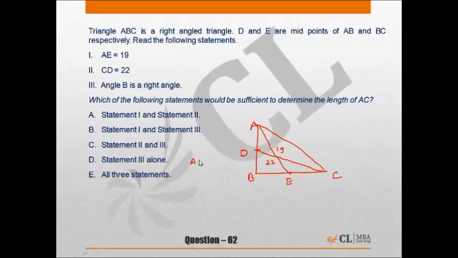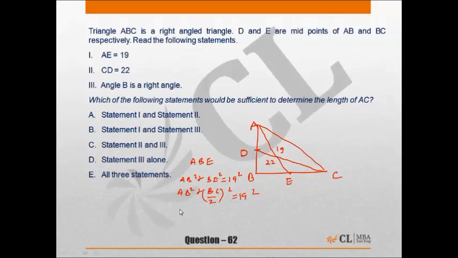In triangle ABE, using Pythagoras theorem, we get AB square plus BE square equals 19 square. AB square plus BE is half of BC, as E is the midpoint of BC. So from here BE square can be written as BC upon 2 whole square equals 19 square.